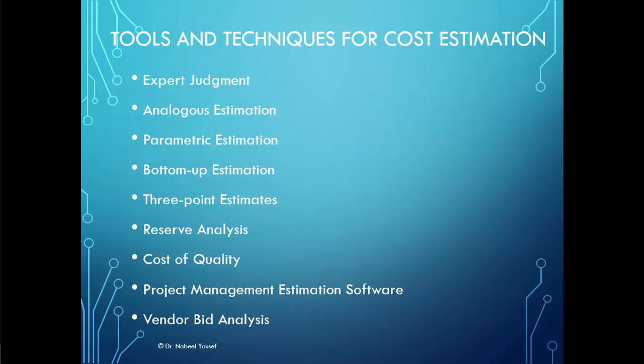Of course, some of them we did not use in estimating the duration, but expert judgment, historical data, three-point techniques, and Delphi techniques are almost all considered the same as for time duration, and we have new ones that are cost related only.